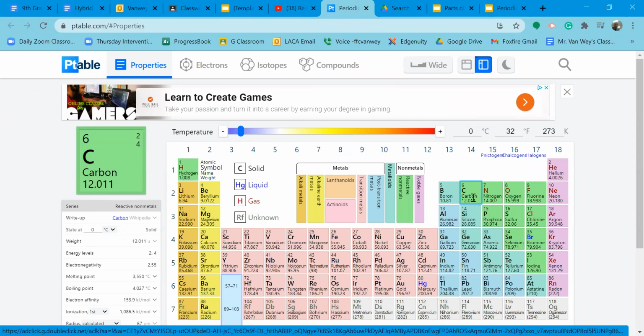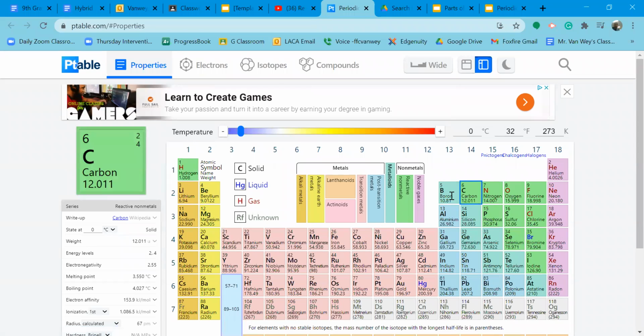Carbon usually has 6 neutrons to go with that. But 11 times out of 1,000, it has an extra one. Okay. Actually, 10 times out of 1,000, it has an extra one. And 1 time out of 1,000, it has 2 extras. And that's where we get this mass. Okay, that's where this average number comes from.